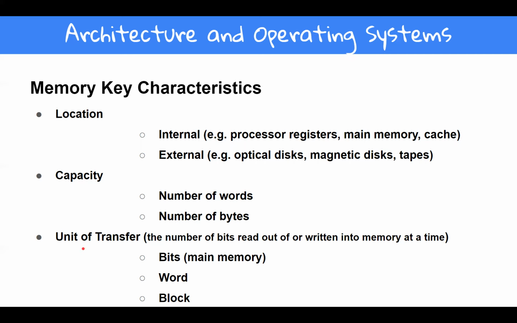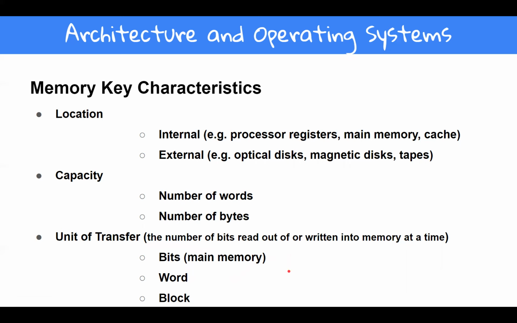The next one is the unit of transfer, which is important: the number of bits read out of or written into memory at a time. For the main memory, one unit is bits: how many bits are transferred? The other one is word: how many words are transferred per second? And the other one is block.